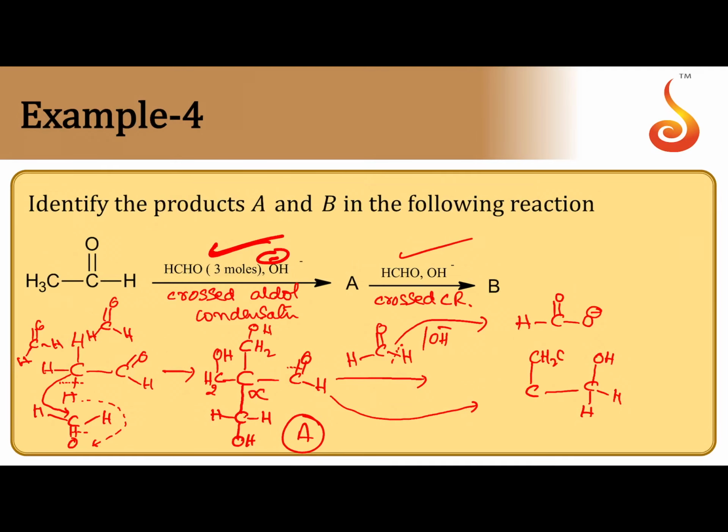Here CH2OH, CH2OH, CH2OH. So in this molecule, around this carbon, there are 4 CH2OH groups that can be written as C, CH2OH, CH2OH, CH2OH, CH2OH, like swastik.